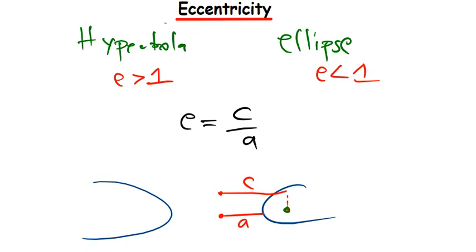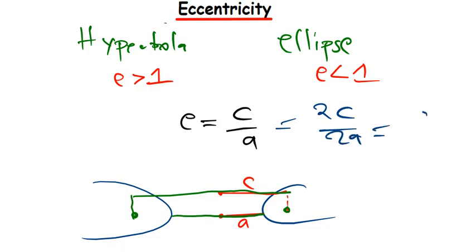Some textbooks define the eccentricity using the distance between the foci, measuring from one focus to the other, which would be 2c, and the distance between the vertices, 2a. That gives 2c over 2a, which is still c over a.